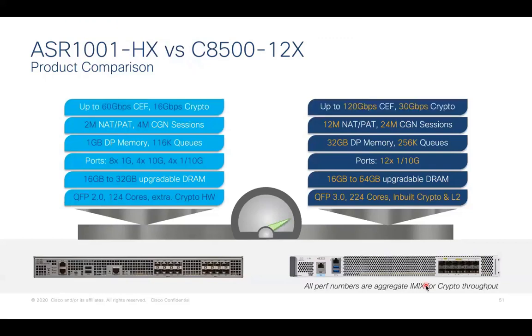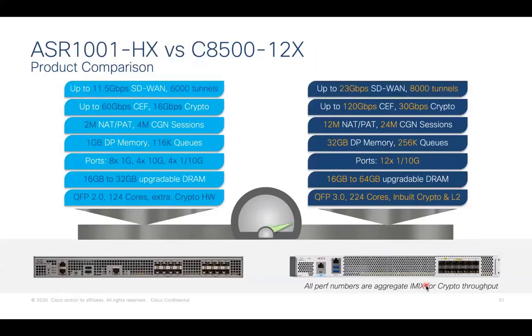You have 120 Gbps of Ceph here because you have 12 10 gig interfaces on the front. You get 30 Gbps of crypto as well, and 23 Gbps of SD-WAN IPsec with 8000 tunnel aggregation again. So all those people selecting 10 to 20 Gbps of SD-WAN IMIX throughput at the head end, you have both the platforms capable to serve you those.